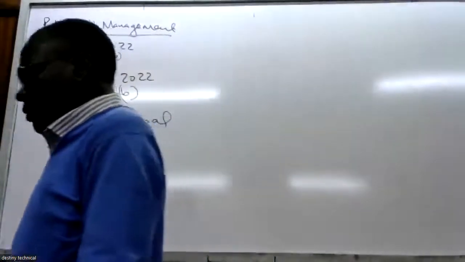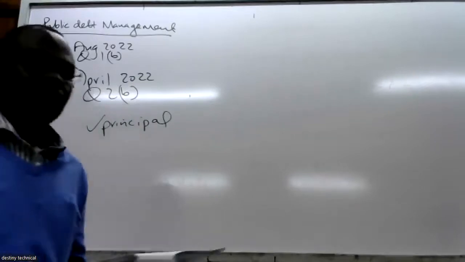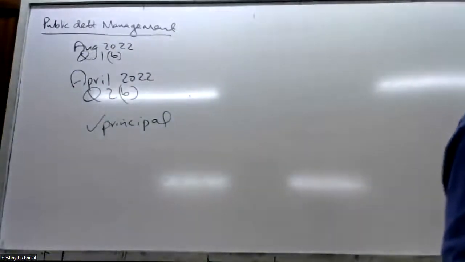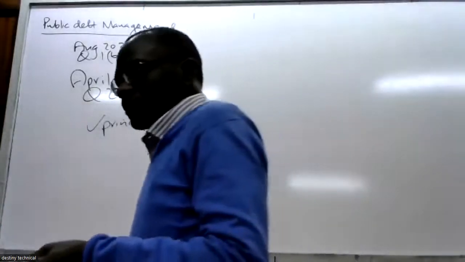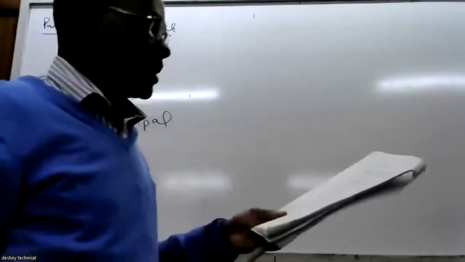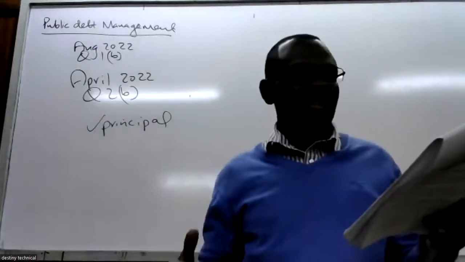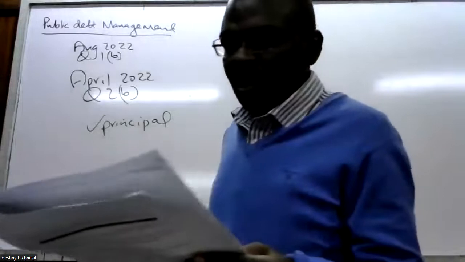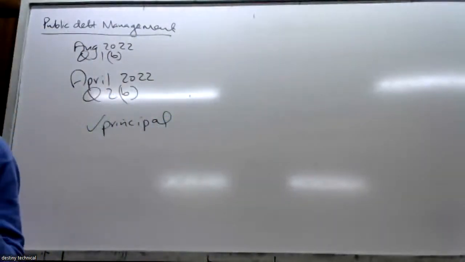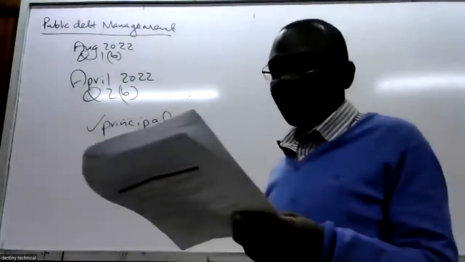Number 7, to oversee the management of public debt and borrowing, as well as the issuance of debt instruments in respect of the national government and county governments.